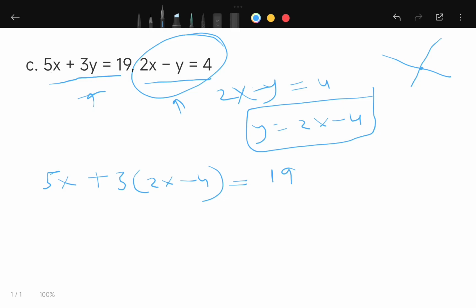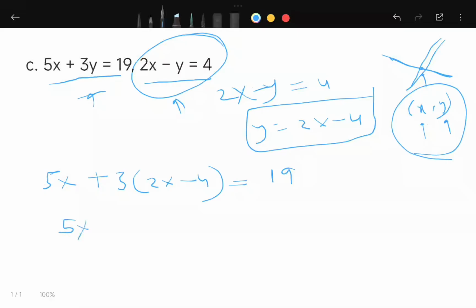The solution exists at a certain point where they will intersect, right? So that point is common for both the lines. If the point is common, then these coordinates are also common, which is x is common, y is common. So here we are trying to find this particular point, assuming that they have a solution, by substituting one value in another.